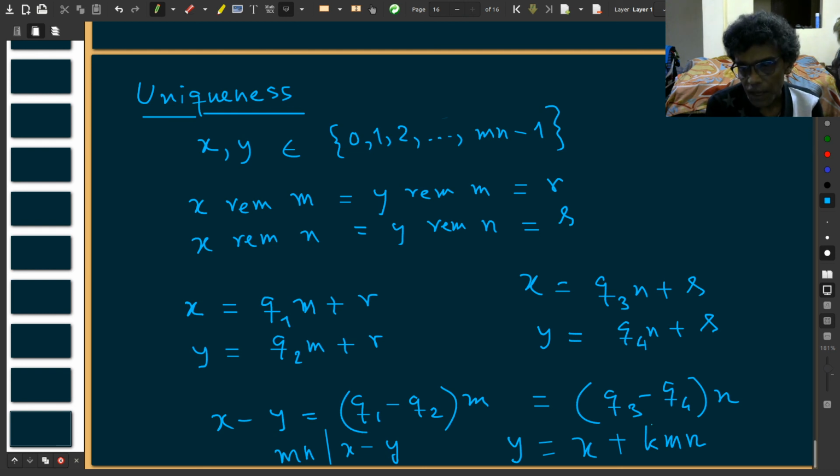Okay. If k is non-zero, then even if one of these x and y is inside this range, the other one will go outside this range. Therefore, x and y are unique. X, or the solution, is unique modulo mn.